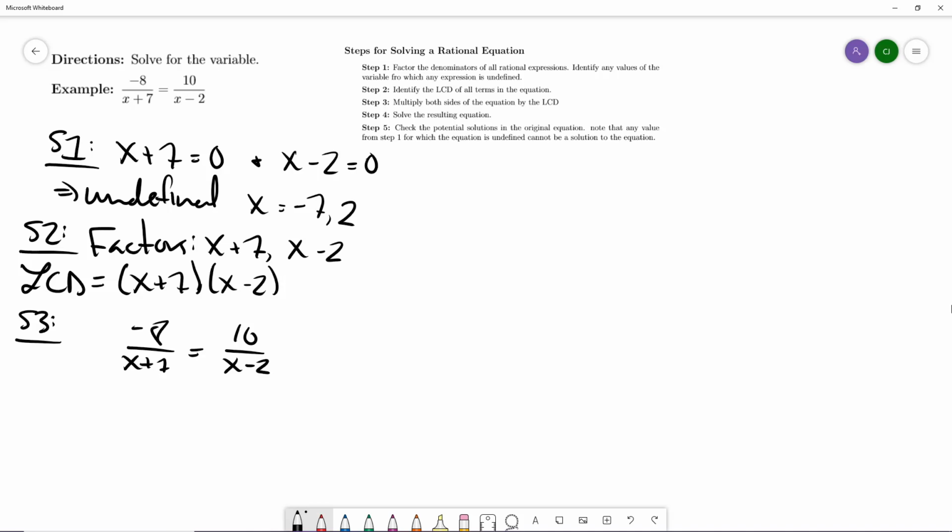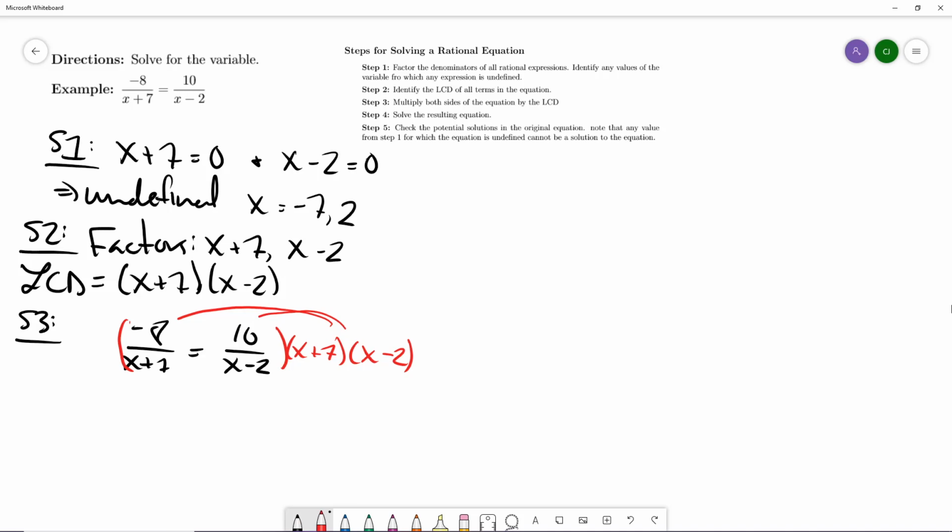What am I going to do? I'm going to take this whole entire thing, and I'm going to multiply it by x plus 7 and x minus 2. If you want, you can put x plus 7 and x minus 2 on both sides of the equation, but as long as you put a big parentheses around this whole thing and understand that you have to distribute all of that to every single term, this is fine. Right?